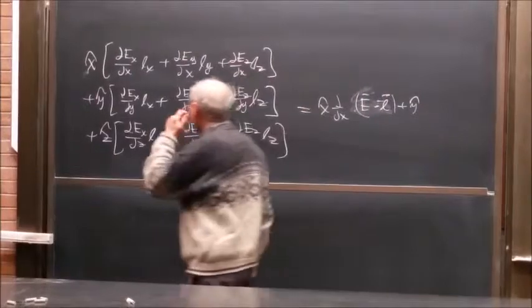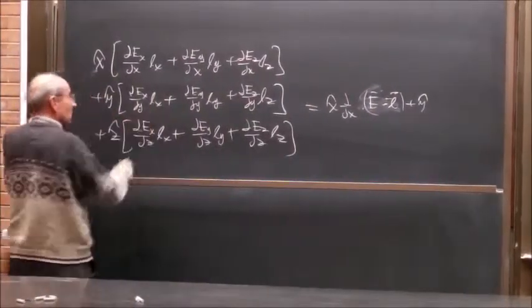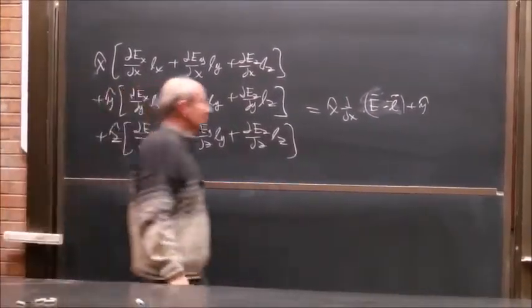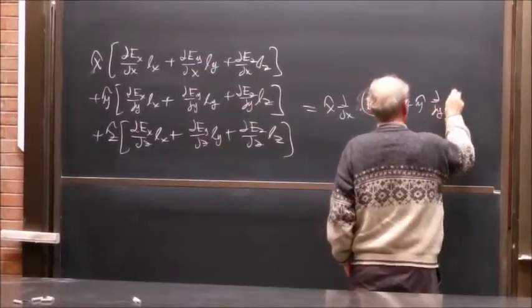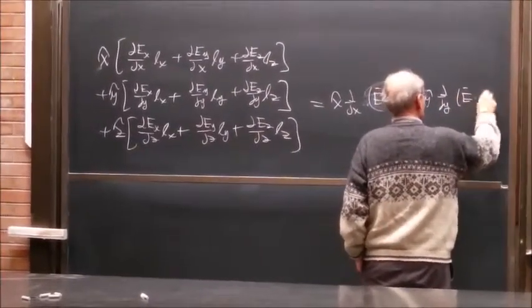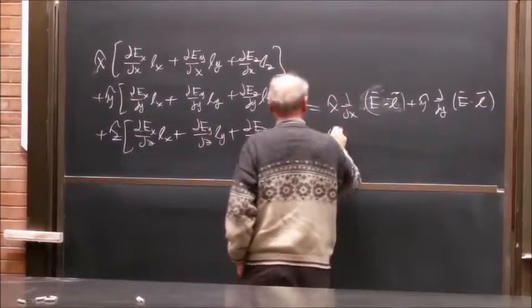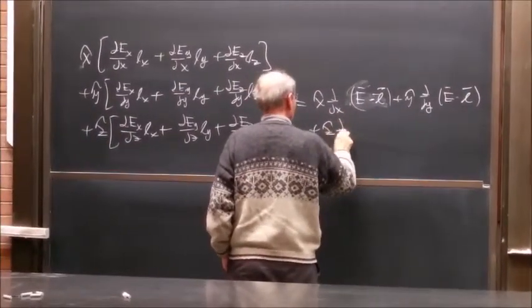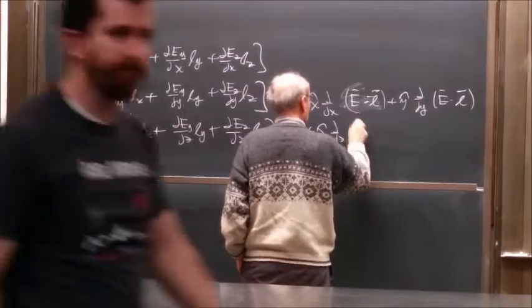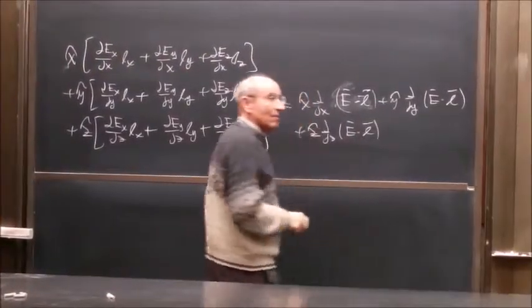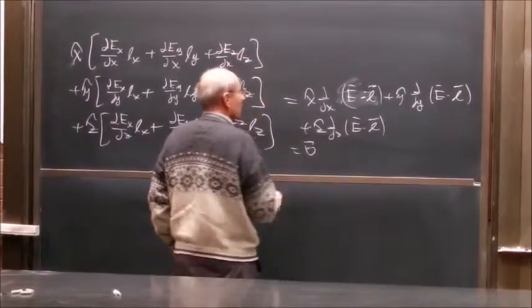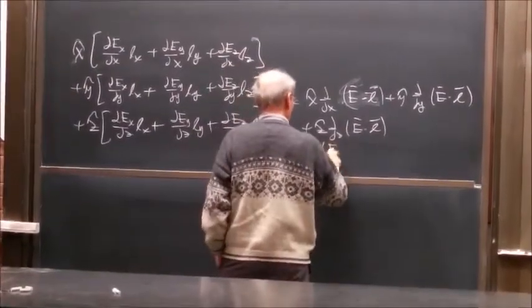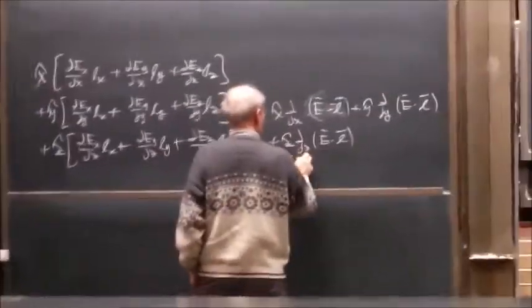And this one is the same thing, only derivatives with respect to y: y hat d by dy of E dot L, and z hat d by dz of E dot L. But that is just the gradient of E dot L.